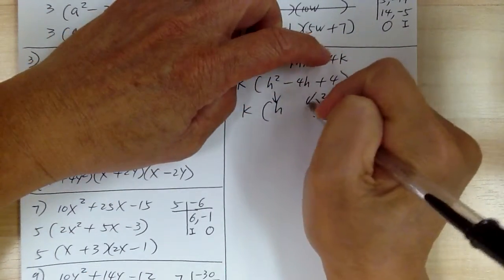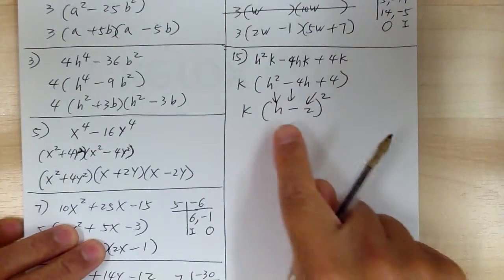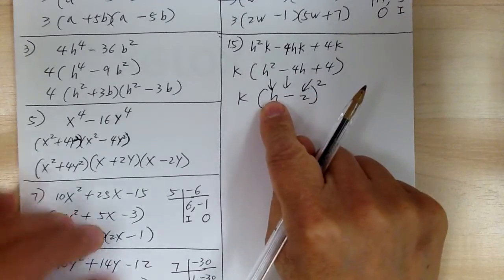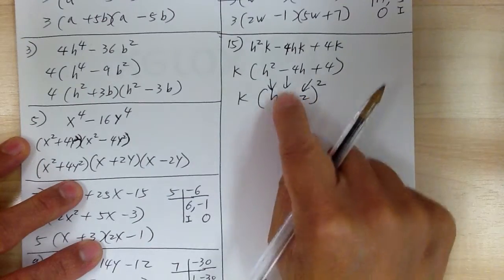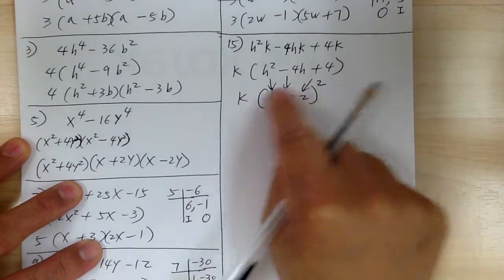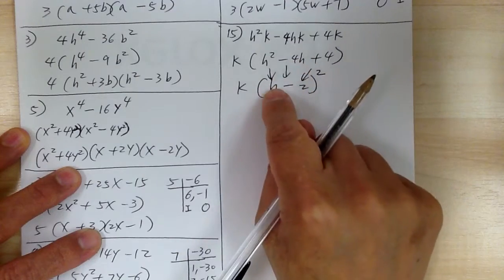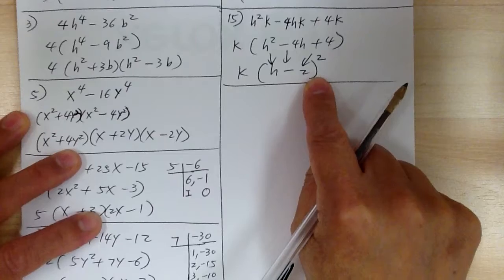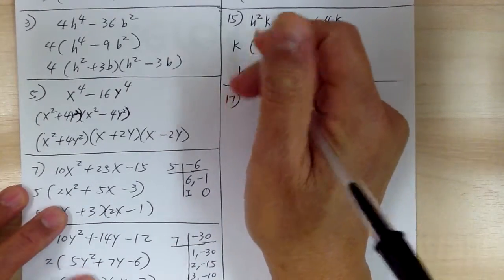From this, I get the 2, and from this I get minus, right? So again, all I'm doing is just guessing. So I need to have h to get h squared. I need 2 squared to give me 4, but I need to have minus to match the middle, right? So I multiply all together. So 2 times negative 2 give me negative 4h. So yes, that's it, right? So that's your step 2b. Okay, let's go to 17.